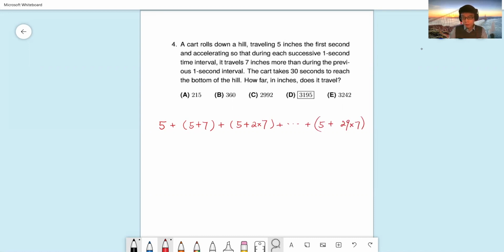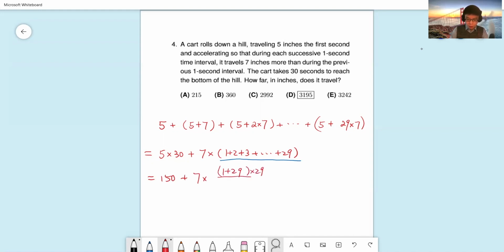So let's calculate the sum. In each part we have 5. So let's do 5 times 30. And for the multiples of 7, let's say it's 7 times 1 plus 2 plus 3 up to 29. So this is 150 plus 7 times the summation formula applied to the summation from 1 to 29, which is 1 plus 29 times 29 divided by 2.